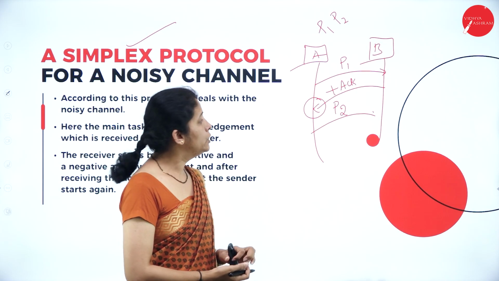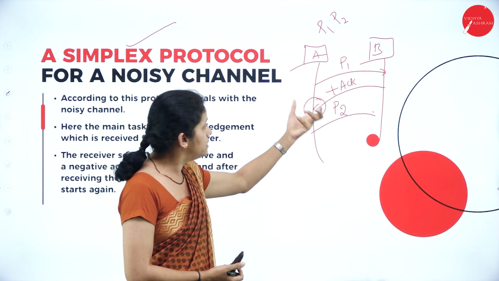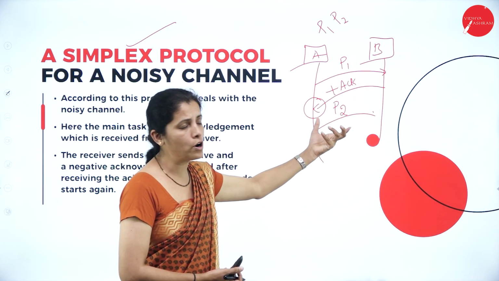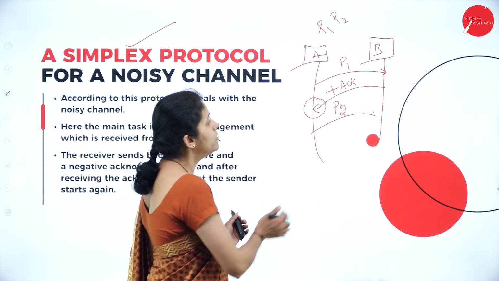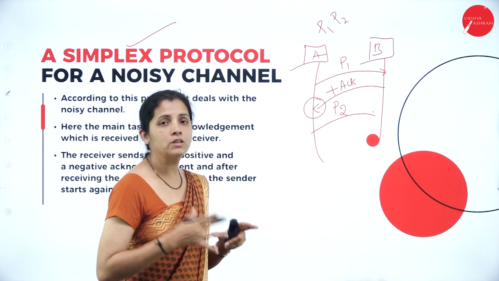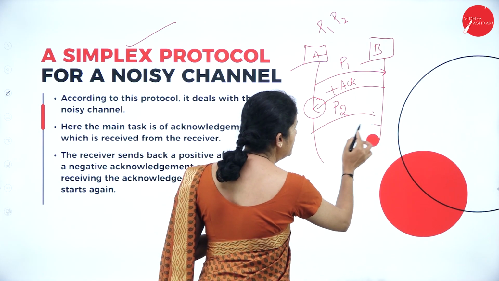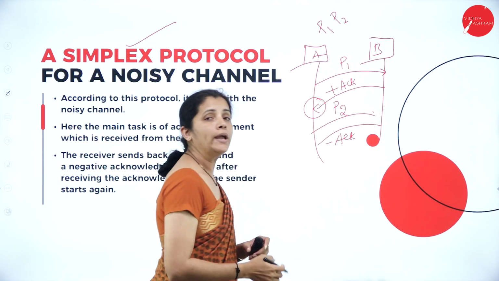In the middle, due to some noise in the network, the data packet may be corrupted, in the sense that it is not delivered to B. Now, B is going to wait for a certain moment or certain timing. Now, B is going to send the negative acknowledgement to A.